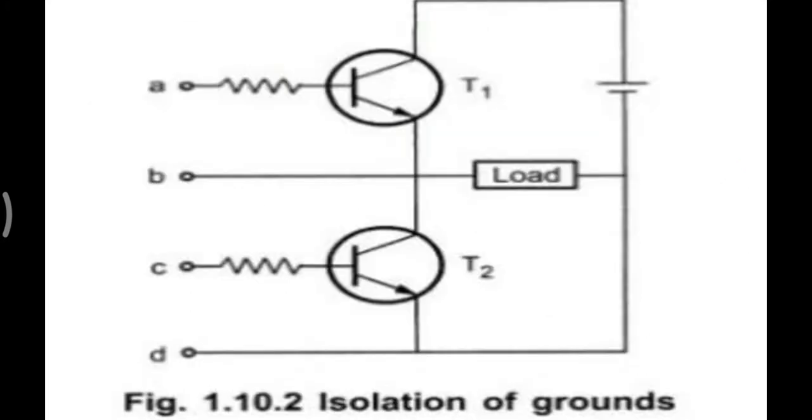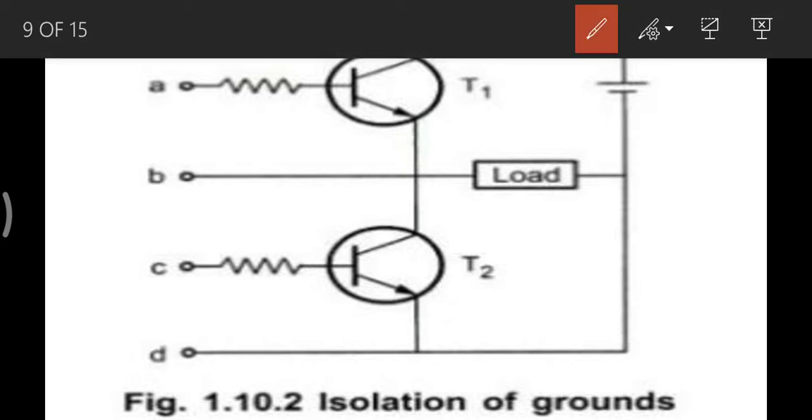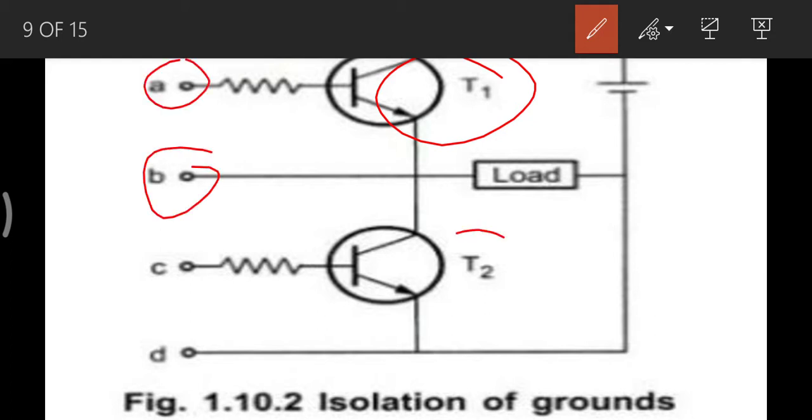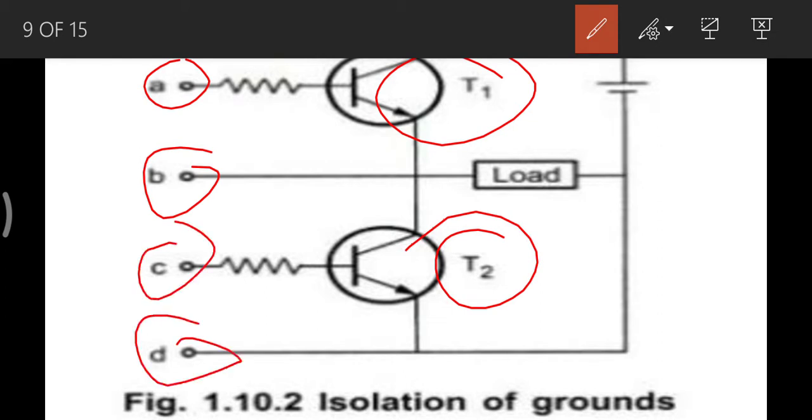Another reason we have to consider is this: let us consider this is another circuit. See here, T1 is driving between A and B, and T2 drives between C and D. If there is no electrical isolation, then points B and D may be short circuited.